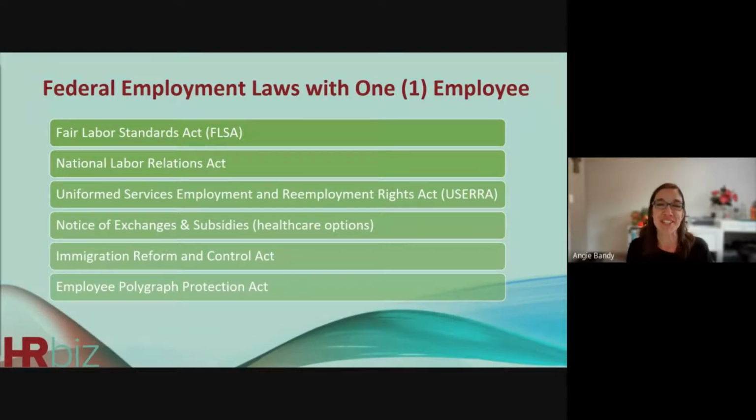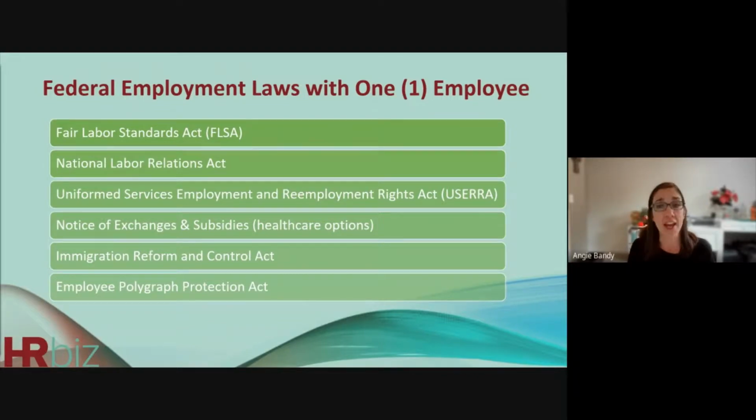The Notice of Exchange and Subsidies. This is the Affordable Care Act, and insurance is available to all Americans through the Affordable Care Act, but some companies have the opportunity to subsidize that care, and the federal government provides very specific, albeit a little complicated, guidelines for that.